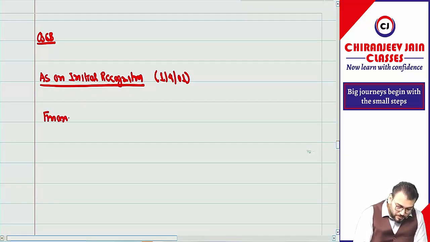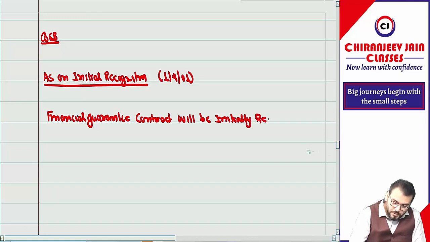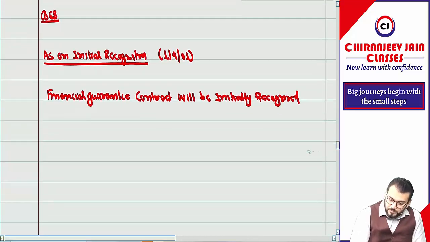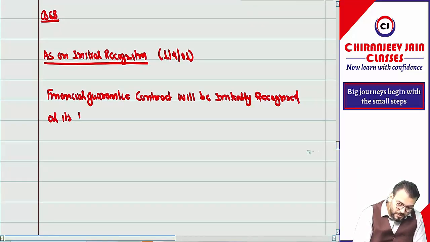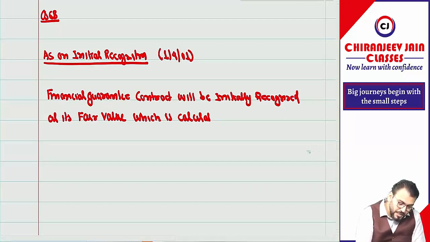Financial guarantee contract will be initially recognized at its fair value, which is calculated as under.